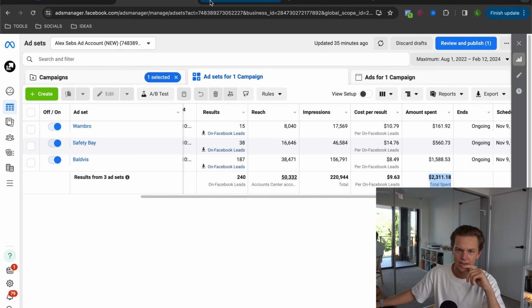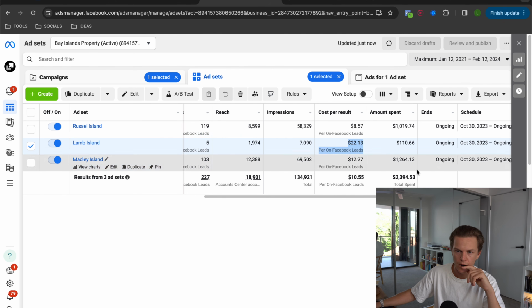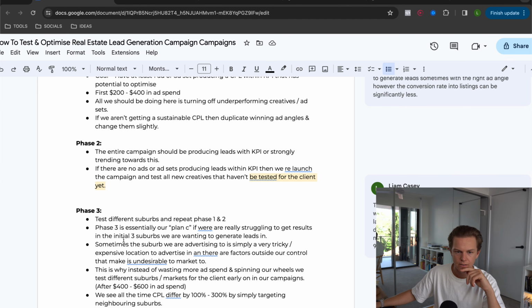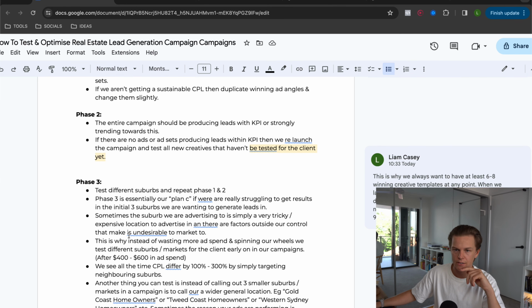And we're getting more than 100% difference in what the cost per lead is. And so instead of spinning our wheels, trying to test endless different creative variations, literally just testing a different suburb can make or break the campaigns and can be an insanely different result.